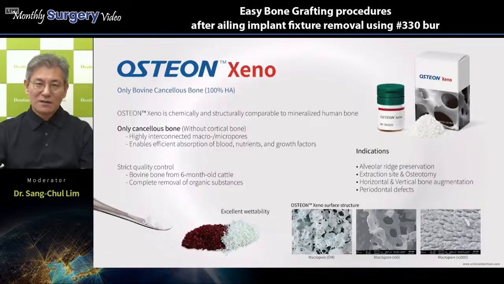So what is the difference between this and the previous bone grafting systems? Actually, OSTEON Xeno comes from bovine, however it is almost all cancellous bone, which has a faster turnover. It means it is softer, and faster turnover means faster new bone formation, right?